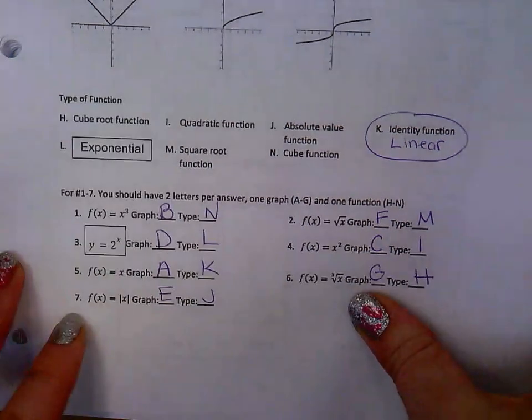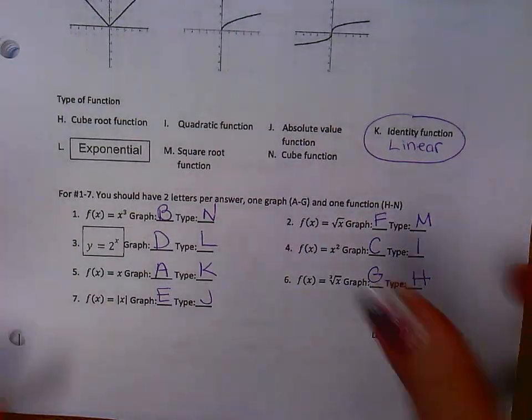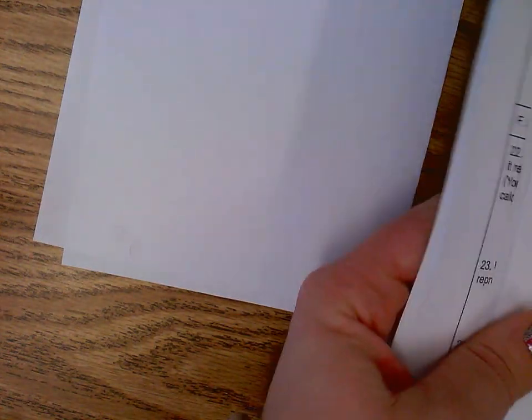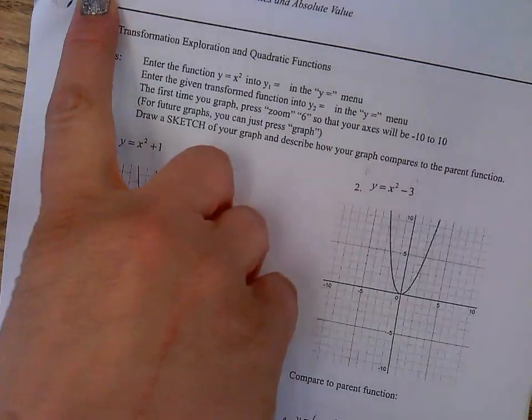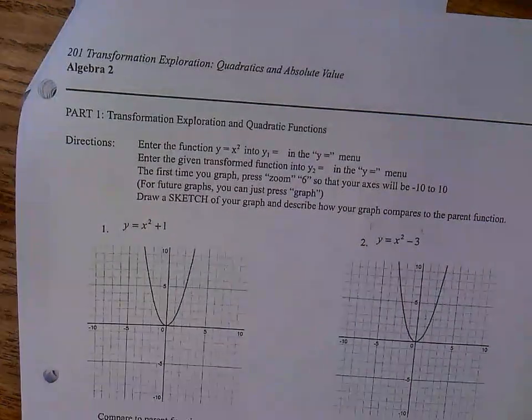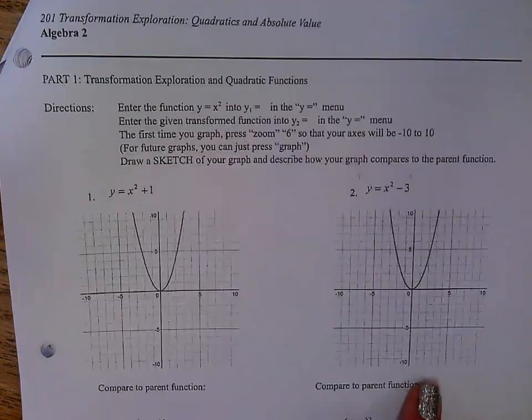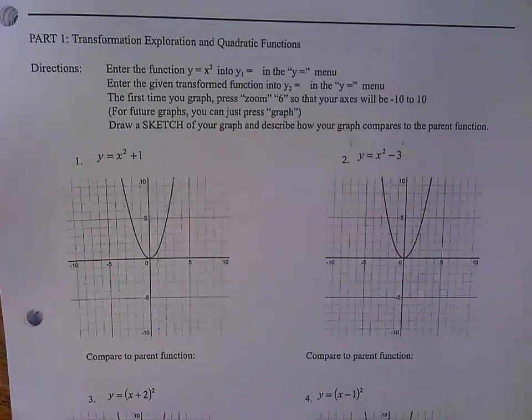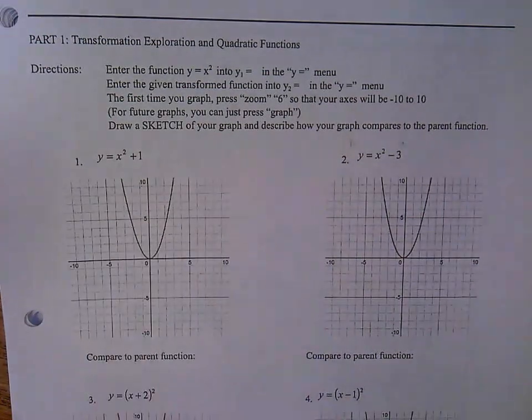Okay, so the third part of your quiz, we're just going to do an exploration on today, which means let's think about what's happening to each of these graphs. So go to the 201 transformation exploration for quadratics and absolute value. I'm going to show you how to start number 1 on each page.